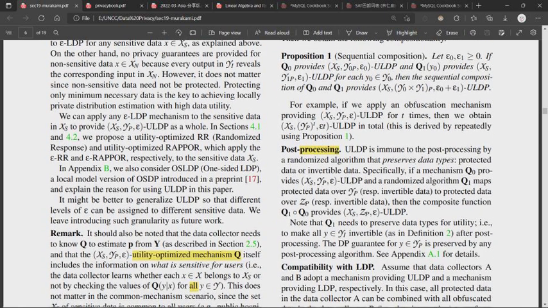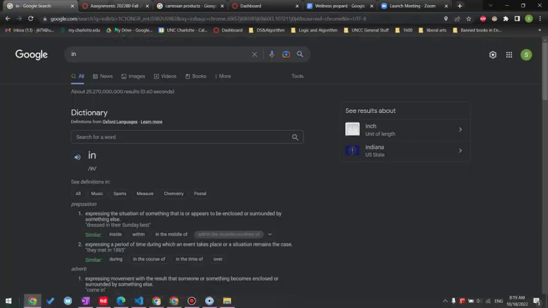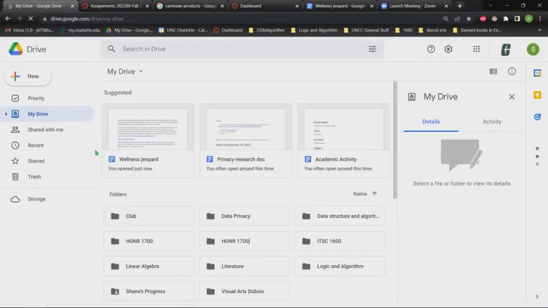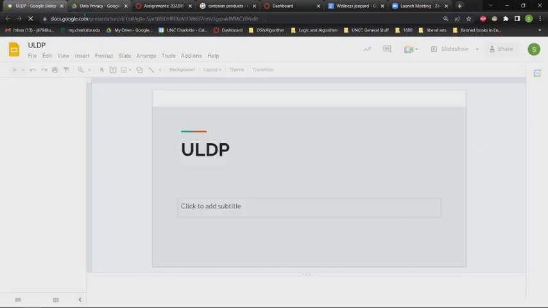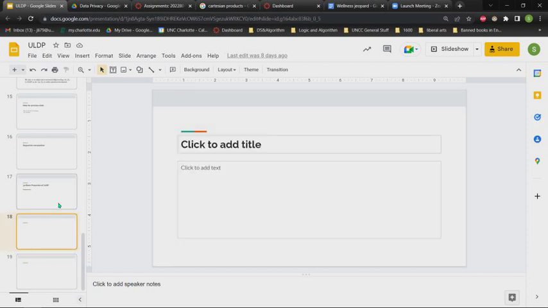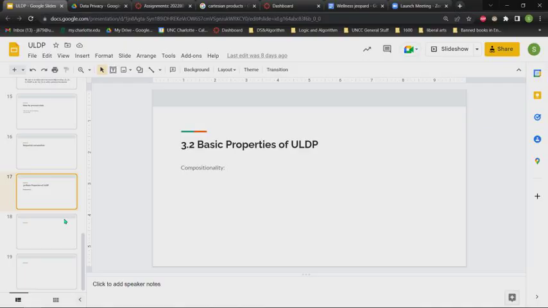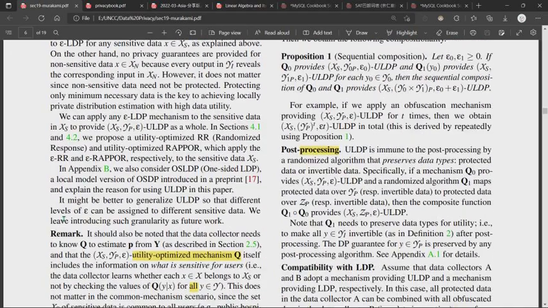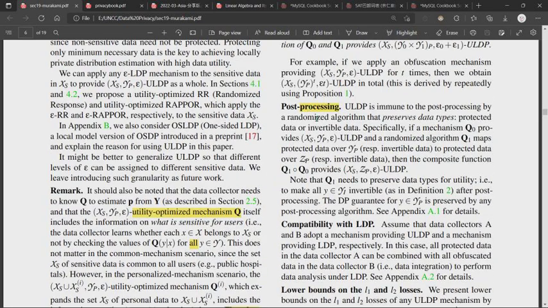Following compositionality, let's go to the PowerPoint to start with. So this is the PowerPoint. Properties of ULDP compositionality. All right, what is compositionality? You may think it's just something simple. And there's compatibility. So what's post processing in ULDP?